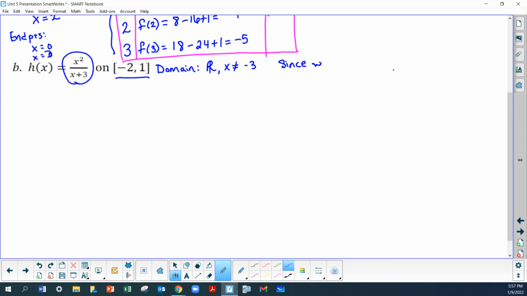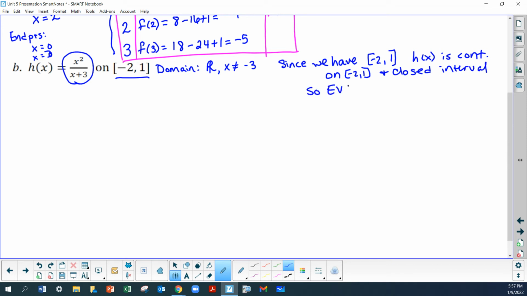Since we have an interval from negative 2 to 1, h of x is continuous on negative 2 to 1. And we have a closed interval. So EVT applies. Extreme value theorem applies.